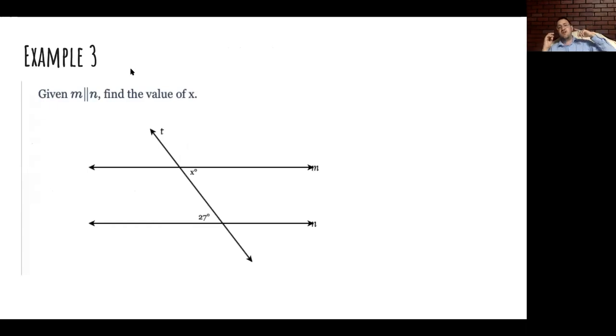All right, so your basic examples are not going to have very much algebra. In the really basic ones, it's pretty obvious what the angle pair is going to be. So tip, write your angle pairs.